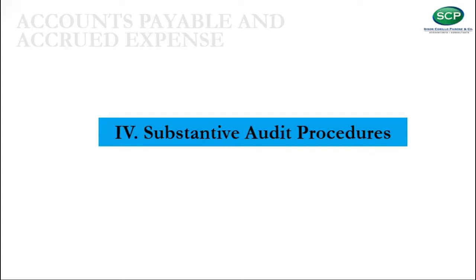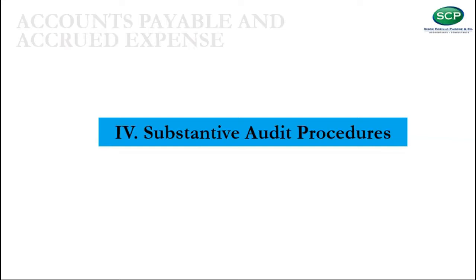And I just want to remind everyone that the risk assessment process does not stop sa planning stage. The risk assessment process is done all throughout the audit field work.